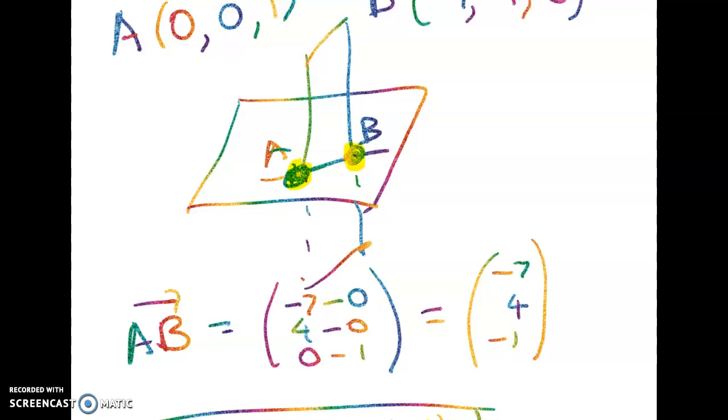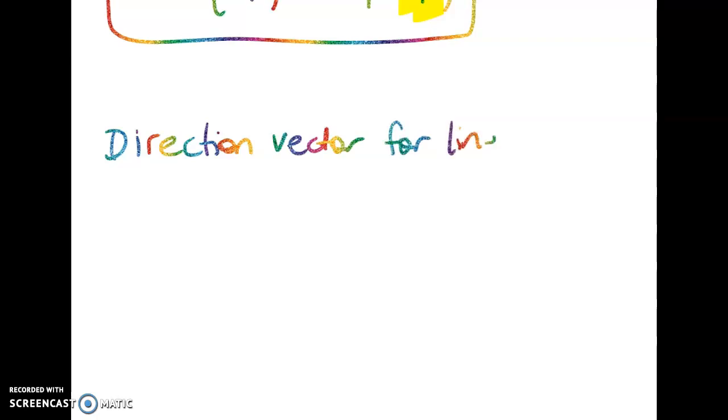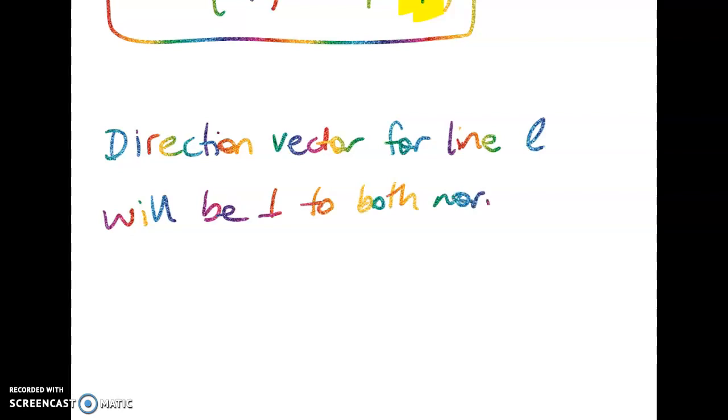Okay, so what can we do to do that? So the direction vector for line R, or line L, will be perpendicular to both normals.